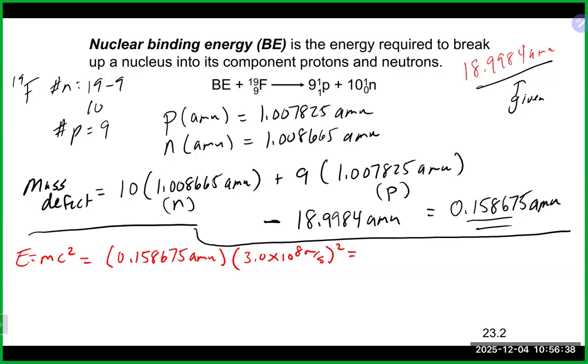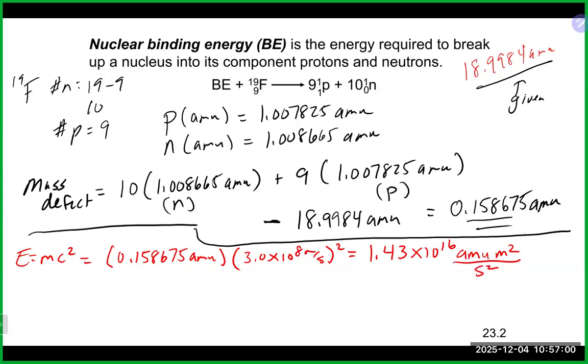We'll just use that times 3 to the 8 squared, and that's going to get us 1.43 times 10 to the 16. My units at this point are AMU, meters squared per seconds squared.